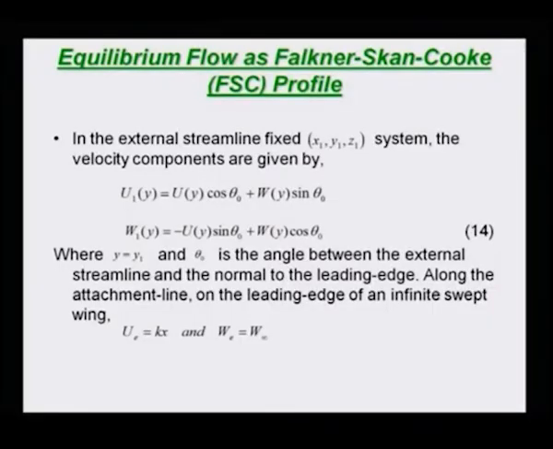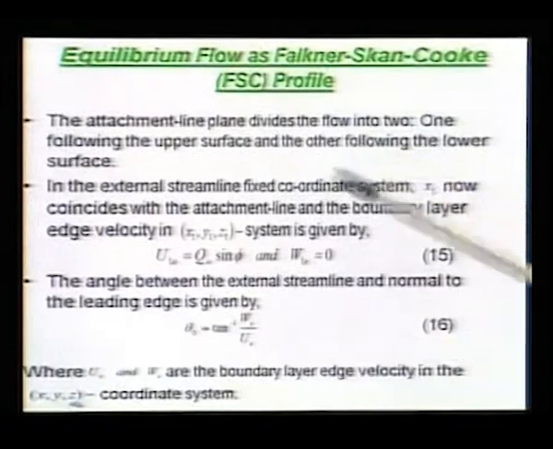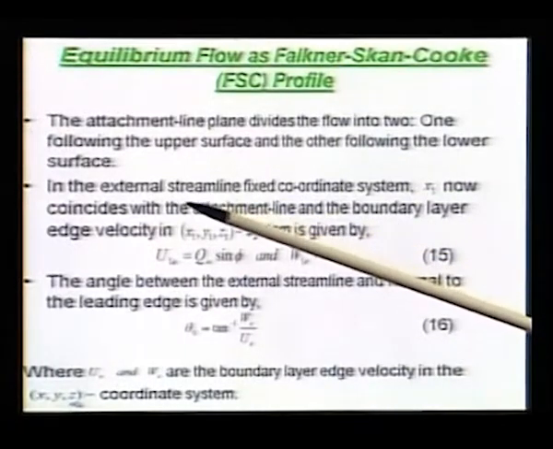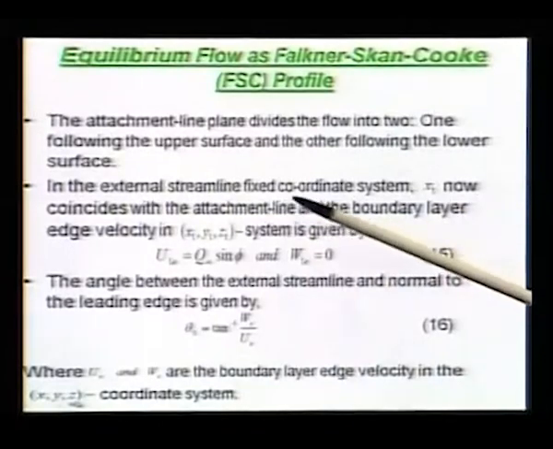So, once we have this edge condition provided for UE and WE, we could now think of the attachment line plane that divides the flow into two. One part follows the upper surface, the other follows the lower surface. If I now focus my attention on the external streamline coordinate system, x1 now coincides with the attachment line.